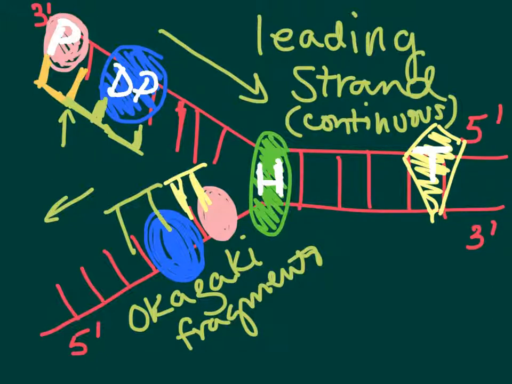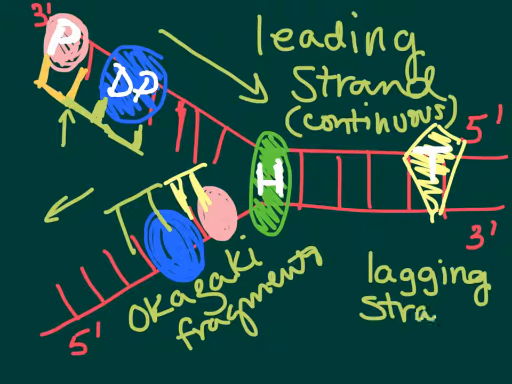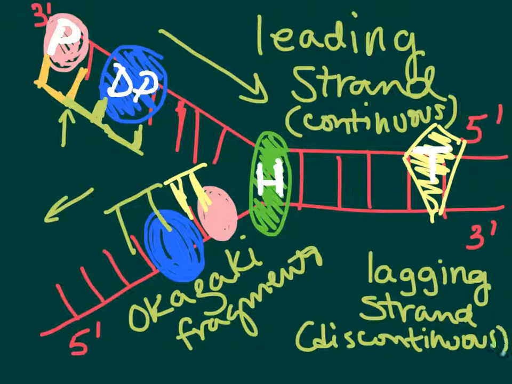Rather than leading the way, it lags behind, so we call it the lagging strand. That lagging strand is discontinuous because it's made in pieces, in very tiny chunks.